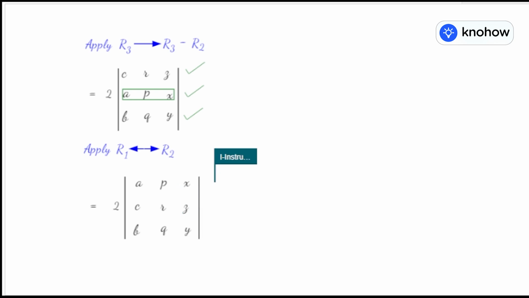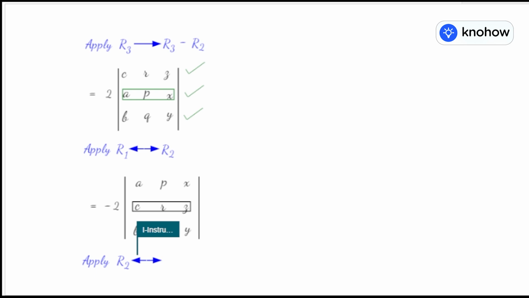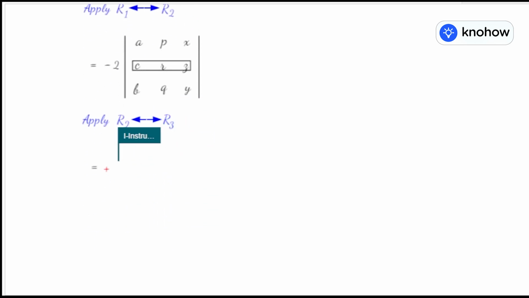Still, you don't need this C, R, Z in the second row, but the third row. So now you interchange the second row and third row. Again, applying R2 and R3 to be interchanged, it will again be negative, so negative and negative will make it positive. Now you already have A, P, X in the first row. Now this B, Q, Y from the third row will come to the second row, and the second row will come to the third, that is you will get C, R, Z in the third row.